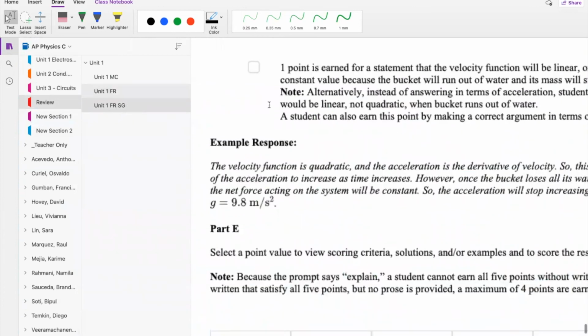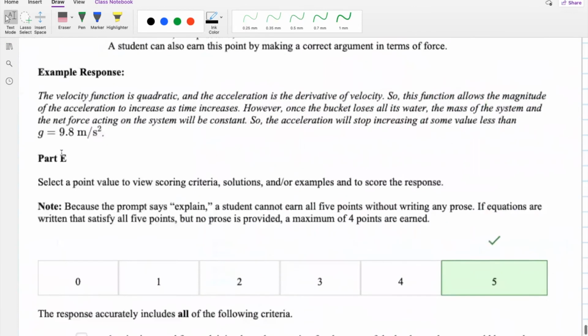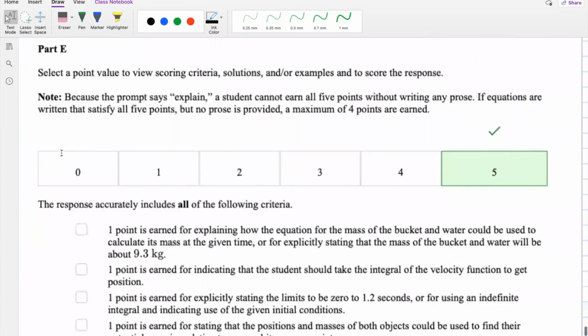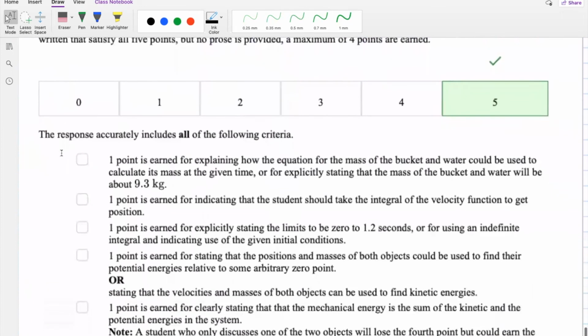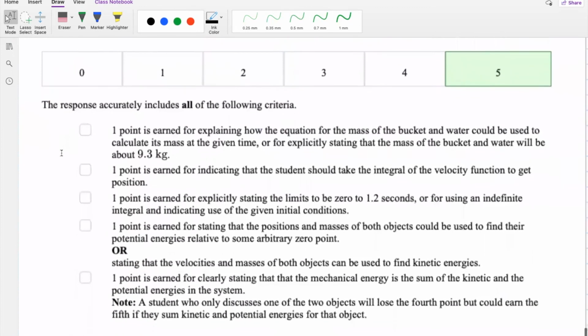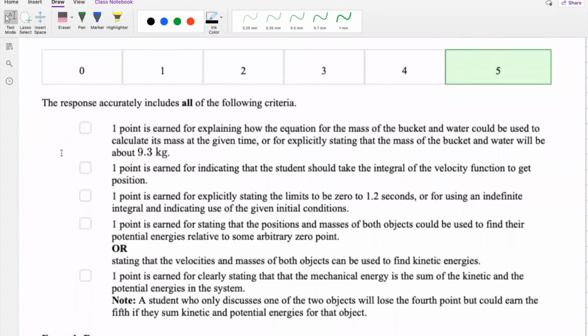Let's look at the scoring guide here. So 1 point is earned for explaining how the equation for the mass of the bucket and water could be used to calculate its mass at the given time, or for explicitly stating that the mass of the bucket and water will be about 9.3 kilograms. The next point is earned for indicating that the student should take the integral of the velocity function to get position.